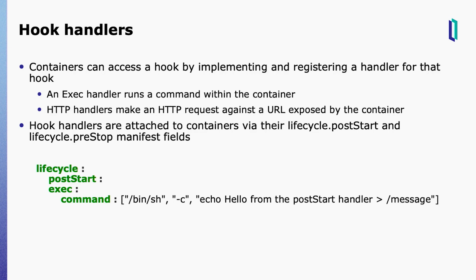Anything you want to do post-start and pre-stop of your container, these hooks are nice placeholders to be able to do that. Again, once you define them in the file, you simply use the kubectl apply command, and it will deploy that in your containers.